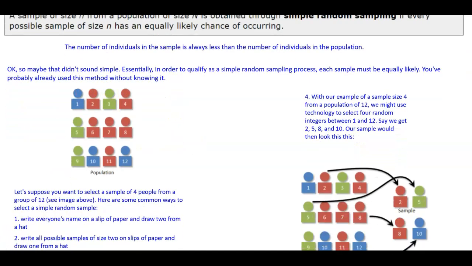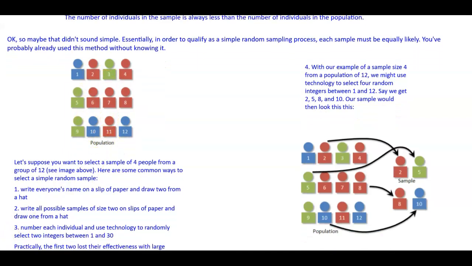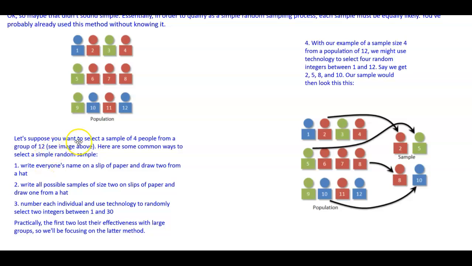Okay, so let's just say here we have 12 people in the population. Let's suppose you want to select a sample of 4 people from a group of 12 with this image up here. Here are some common ways to select a simple random sample.